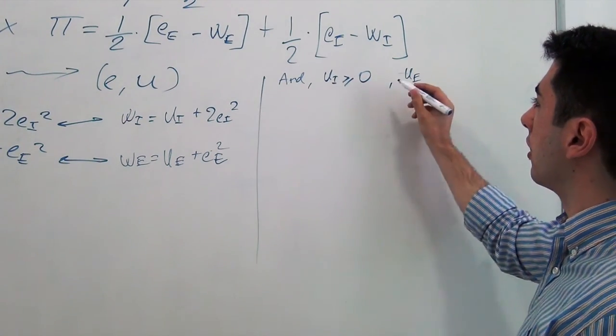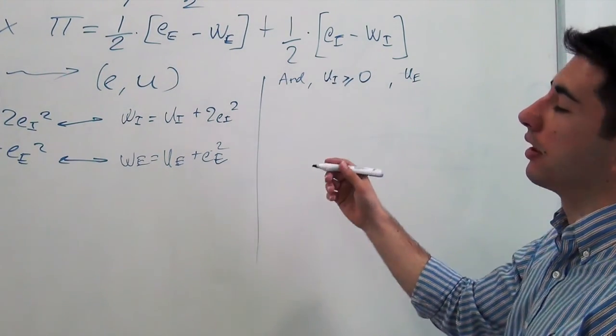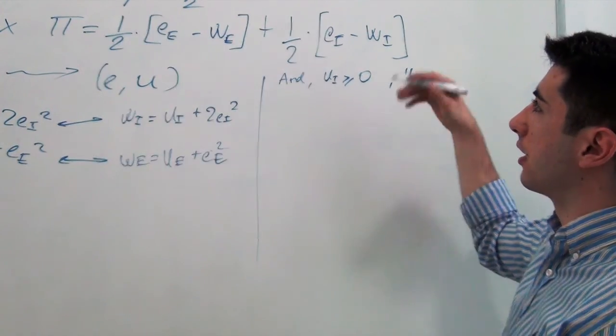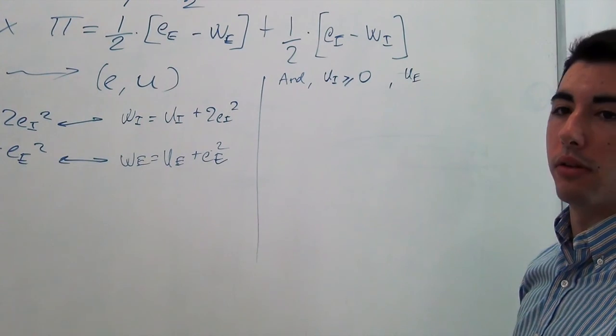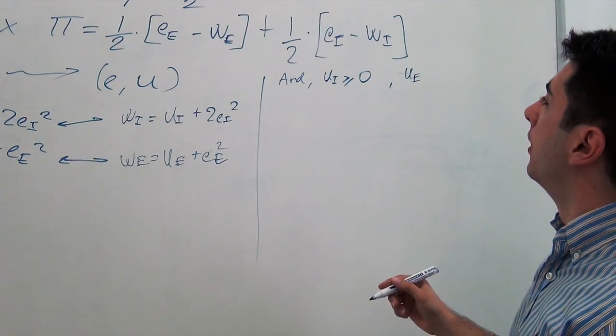It has to be more than 0, or at least equal, because otherwise he can get the reservation utility, which is 0, by not contracting with the principal.